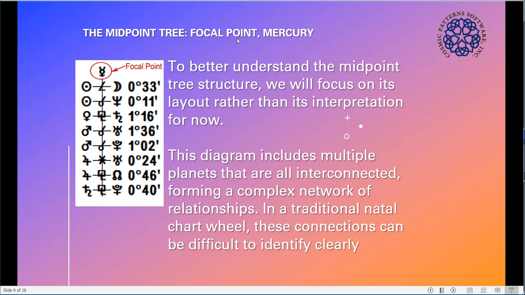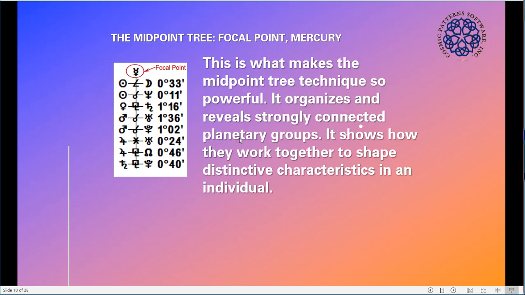Look at this, almost all the planets are interconnected. This is what makes the midpoint tree technique so powerful. It organizes and reveals strongly connected planetary groups. It shows how they work together to shape distinctive characteristics in an individual. See how powerful that is.